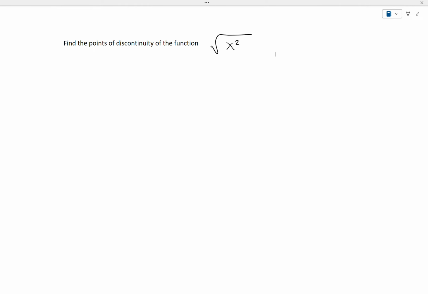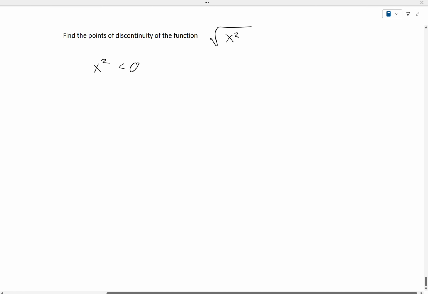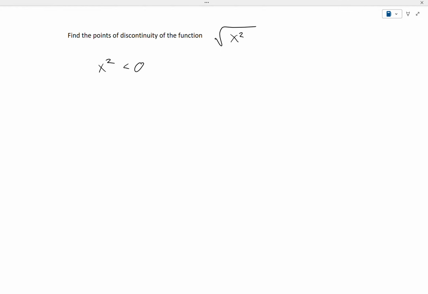And when would this function not be defined for x? Well, if whatever's under the root is negative or less than 0. Okay, so let's solve this right here. And this will tell us when the function does not give us a value. And those are going to end up being the only points where this is discontinuous. So let's see when this function doesn't give us a value.